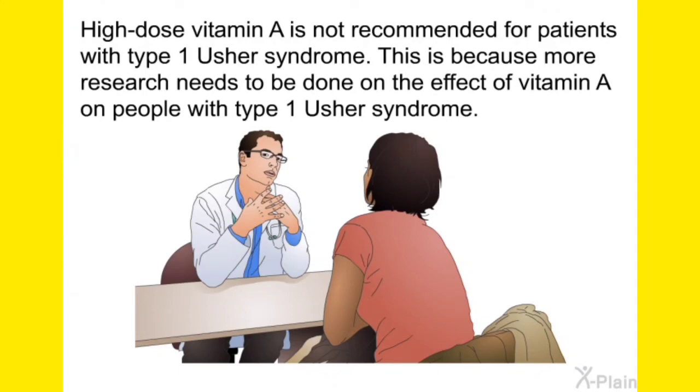This is because research needs to be done on the effect of vitamin A on people with type 1 Usher syndrome, and we have to find out whether this high dose of vitamin A is working properly in type 1 Usher syndrome patients or not. We have to understand. So more research needs to be done.